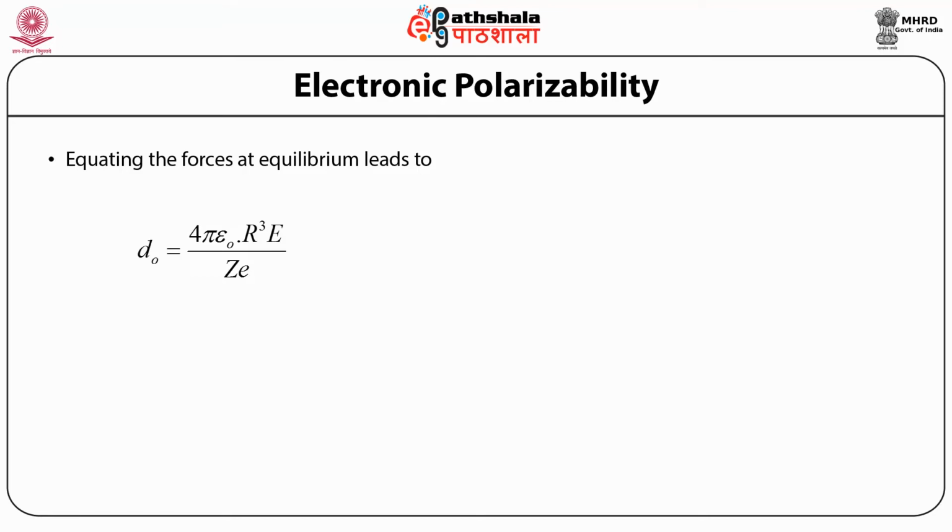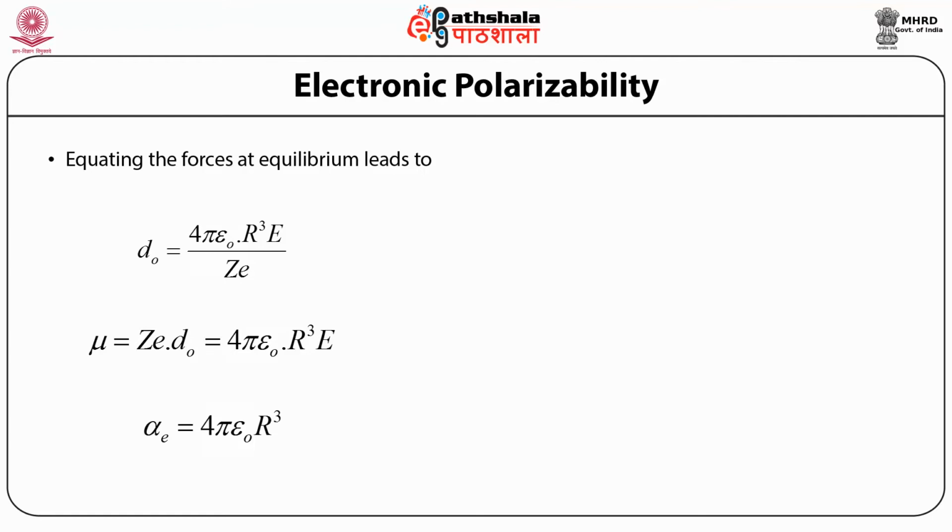The induced dipole moment, that is μ, would be μ is equal to Zed₀, or μ is equal to 4πε₀r³E. So if the dipole density was N, the polarization can also be calculated, and it is given as P is equal to 4πε₀Nr³E.